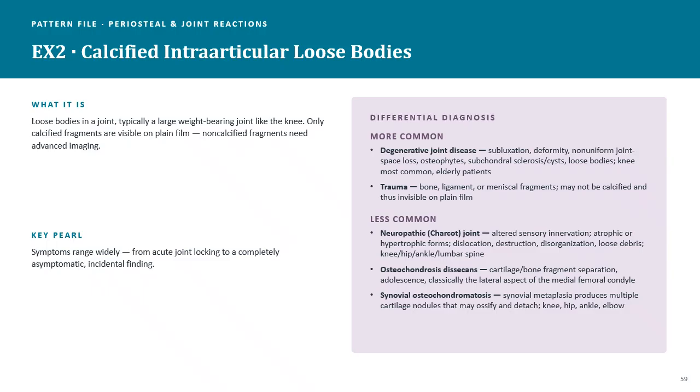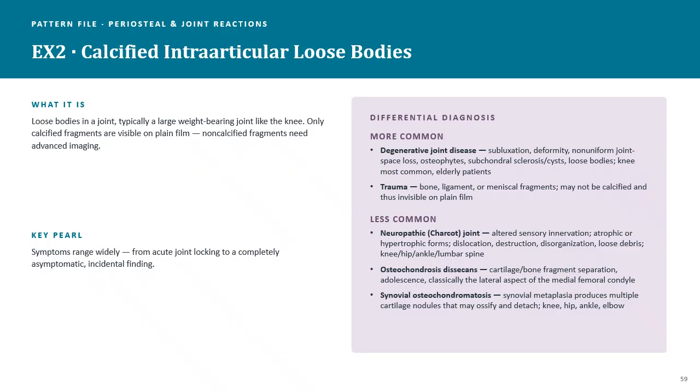One common cause is DJD, degenerative joint disease. With that, pieces of cartilage or bone can break loose as the joint starts to wear down. Trauma can also create these fragments after some type of injury.